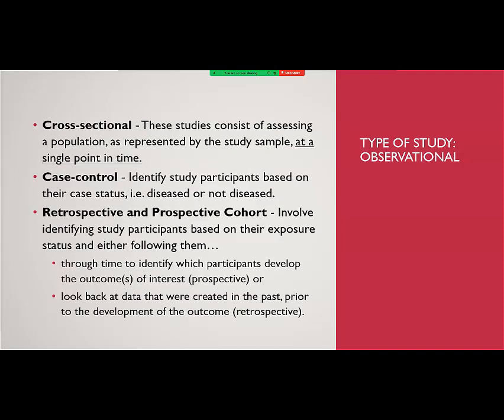Cross-sectional, I'd like to point out, because this is a type of observational study that's done pretty often, especially if you've ever had to do some sort of survey in school as part of your independent research credits, and you are asked to complete a survey at a single point in time. That would be an example of a cross-sectional survey. We have case control, which we just went over. And again, the retrospective and prospective cohort, you're either following a group of people ahead in time, or you're looking back at the data that's already been collected or is available.